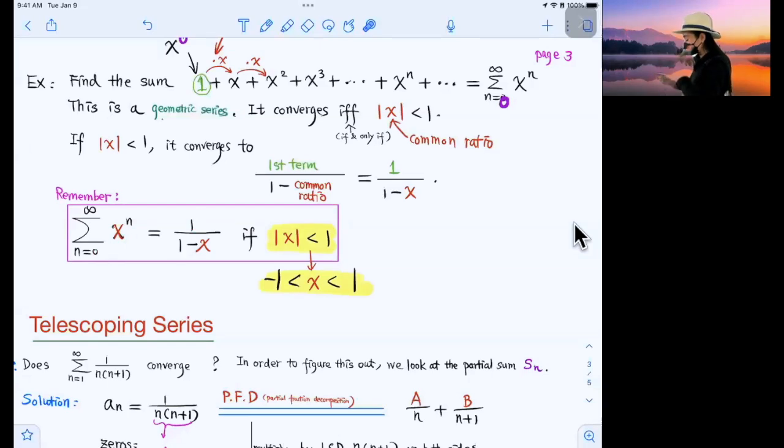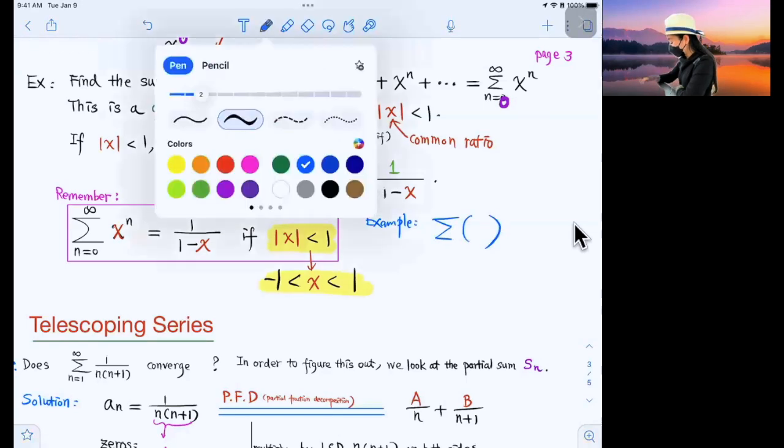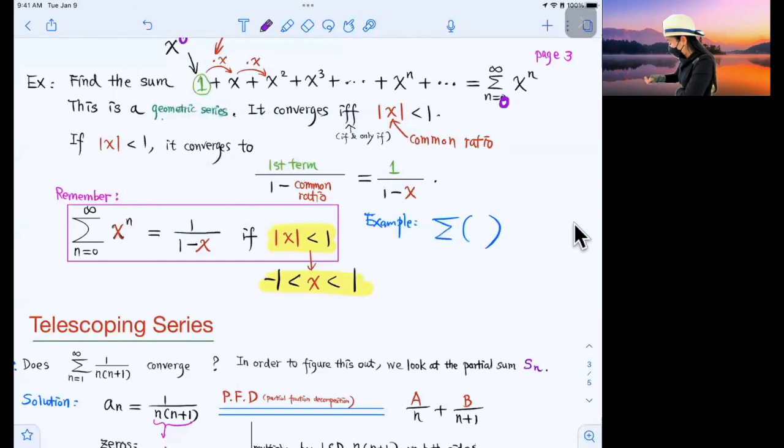Well, maybe let's try some example. Put some number here. Suppose we have this series over here, where x is -1, and then to the n power, going from 0 to infinity.